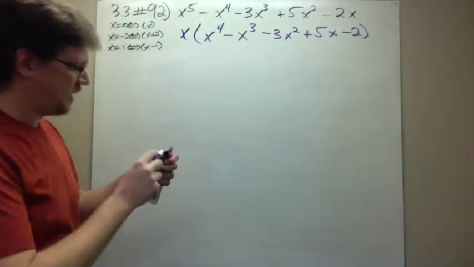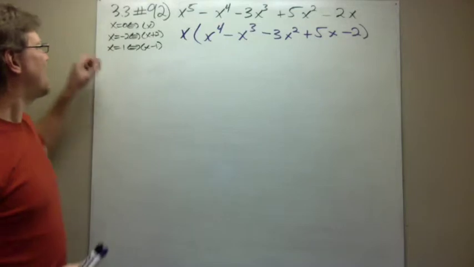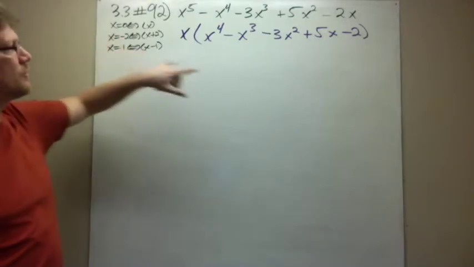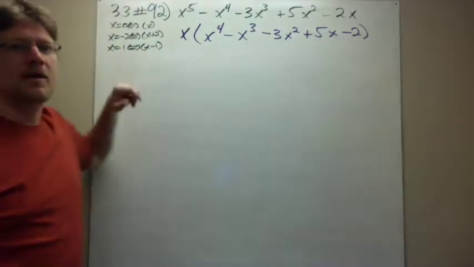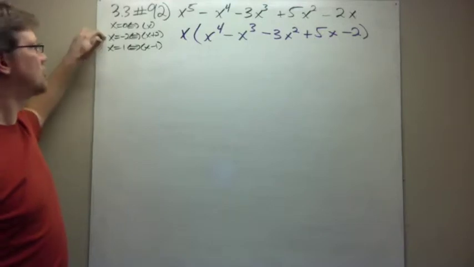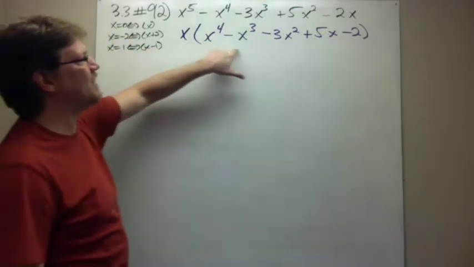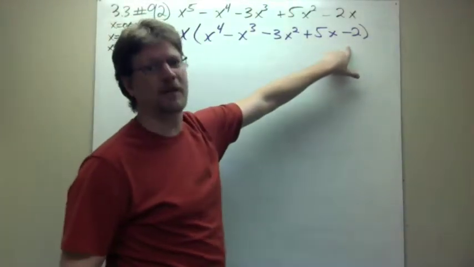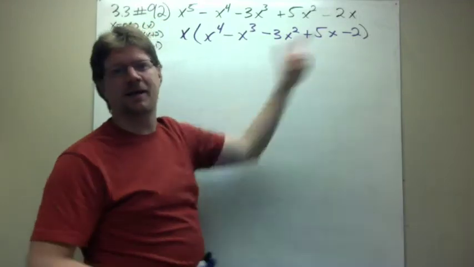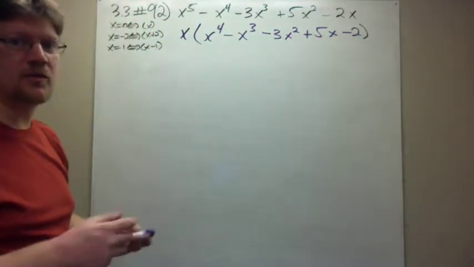Okay? Now, what that means is that these other 2 zeros have to be in here. Let's do the x plus 2 one first, right? Let's divide this quartic by x plus 2 and see what we get.